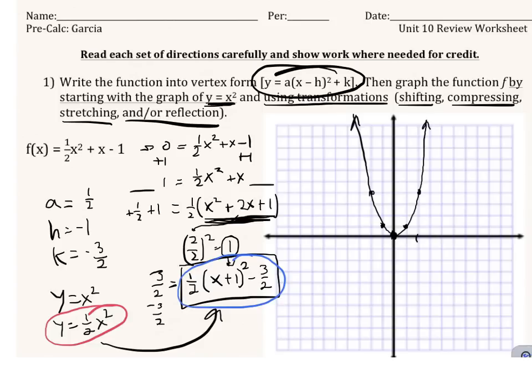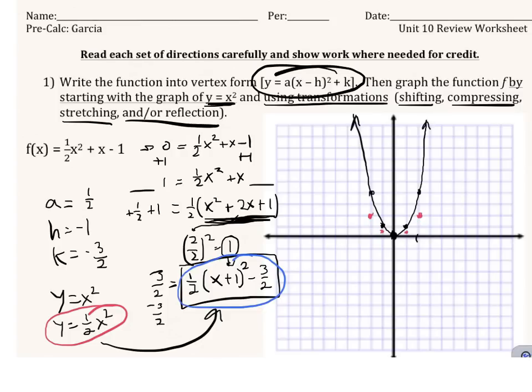So that means when I plug in 0, I still get 0. But when I plug in 1, I'm at 1/2. When I plug in 1 over here, I'm at 1/2. When I plug in 2, I get 2. So what we're showing is the kind of new shape of our function.